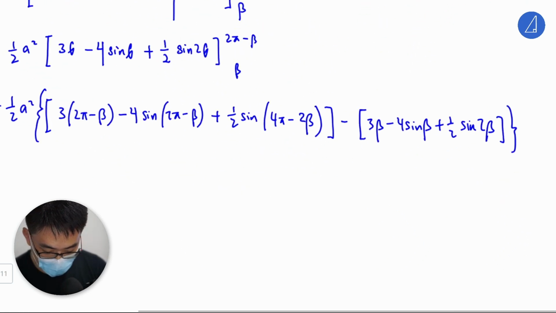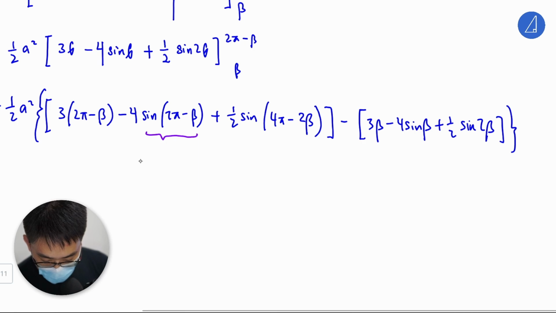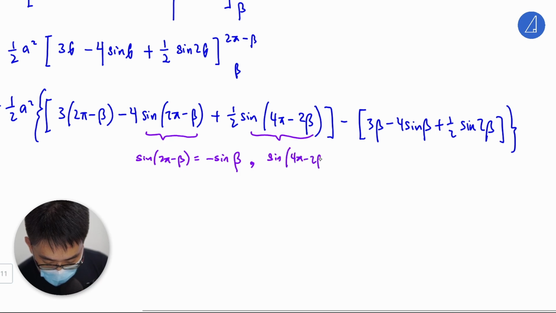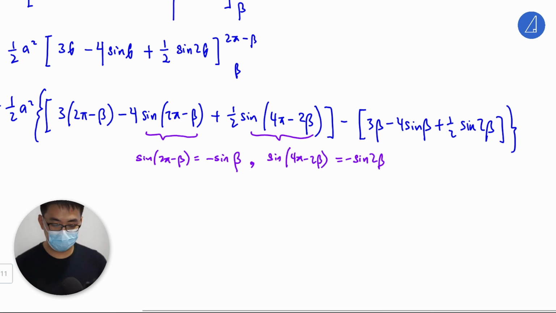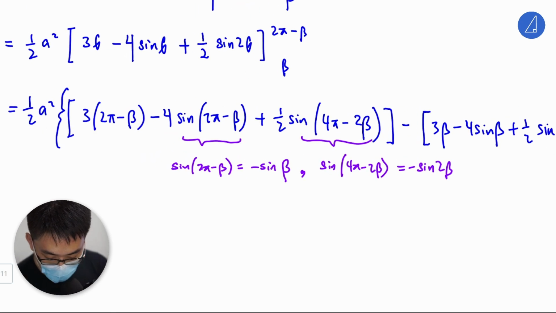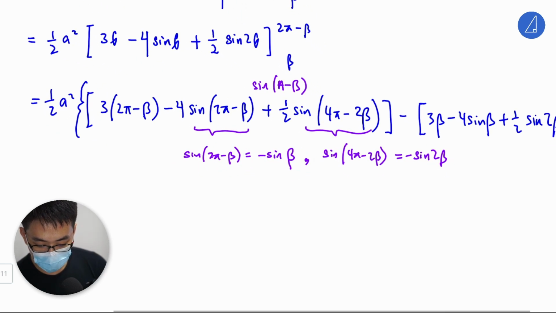So by what we learned in secondary school, we know that, okay, there you go. You can use the same thing. You can use the formula, okay, if you want to.